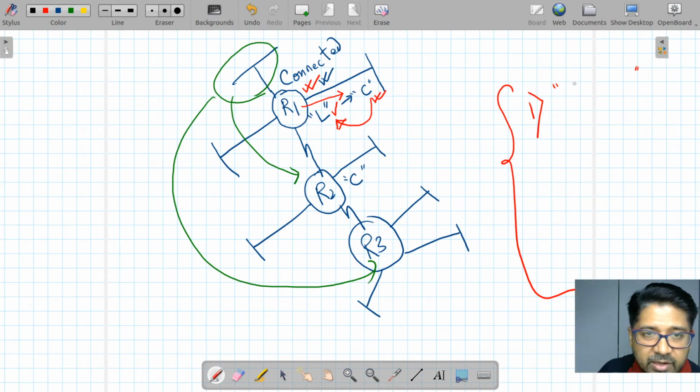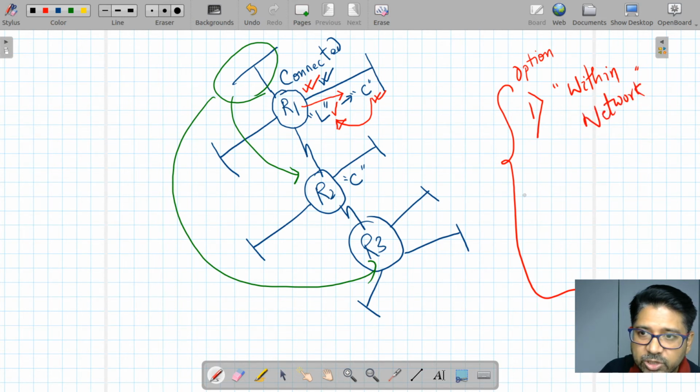So there are two options. First option, you are going to see if they ping within the network. Second option, we have outside the network, outside the LAN. What is going to happen?